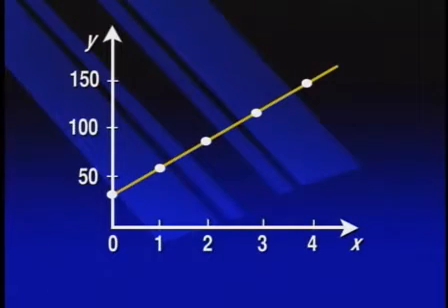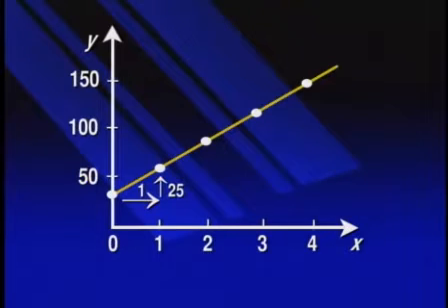Let's look at the graph a little more carefully also. We see that from 0 to 1, we have a horizontal distance of 1 unit from left to right. Then when we go up to the next point, we have a vertical move or vertical distance upward of 25 units.